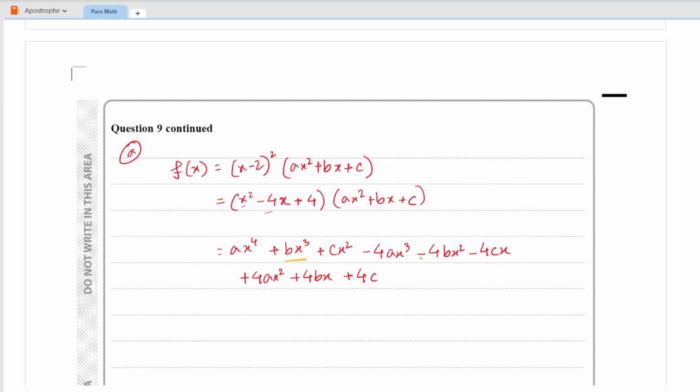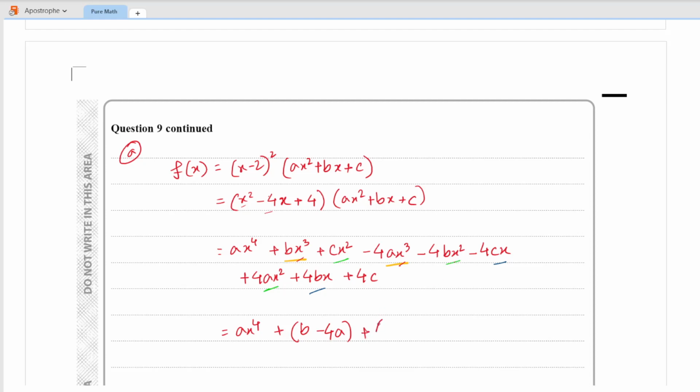Now we group everything, like all the x cube, and then all the x squared, then all the x. So ax to the power 4 plus, if we take x cube common from here, we have b left over and then negative 4a left over from this. Then we take x squared common.